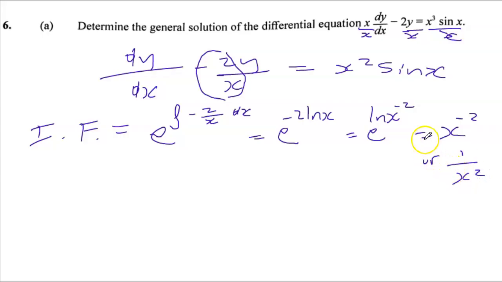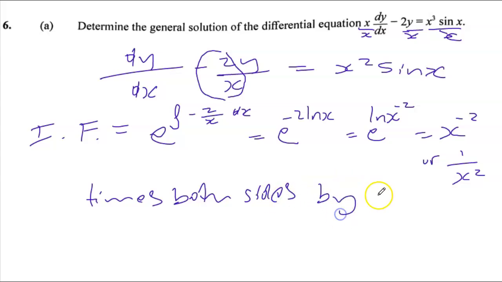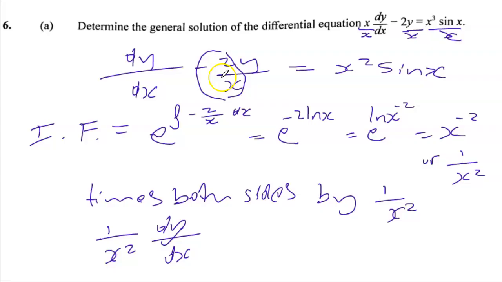So we're going to times both sides of the equation by the integrating factor of 1 over x squared. So 1 over x squared times dy by dx, that's 1 over x squared times dy by dx. 1 over x squared times the next term, so it's 2y over x, multiplied by 1 over x squared.